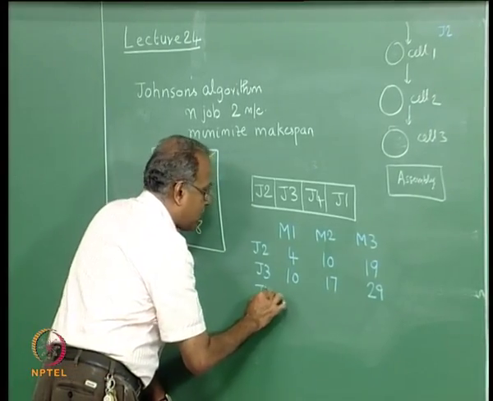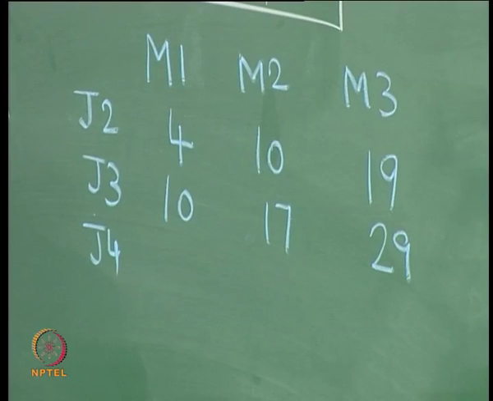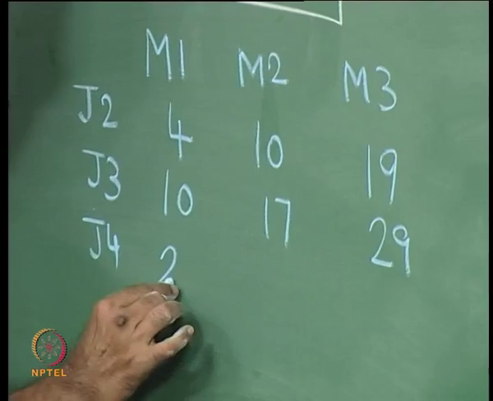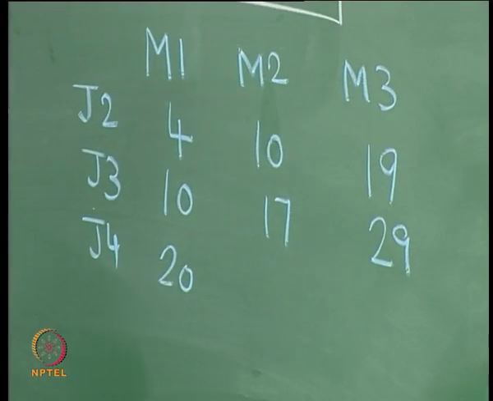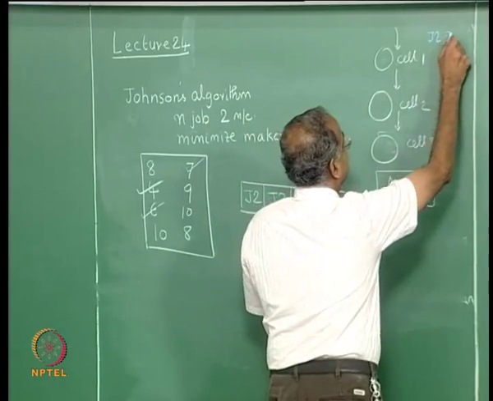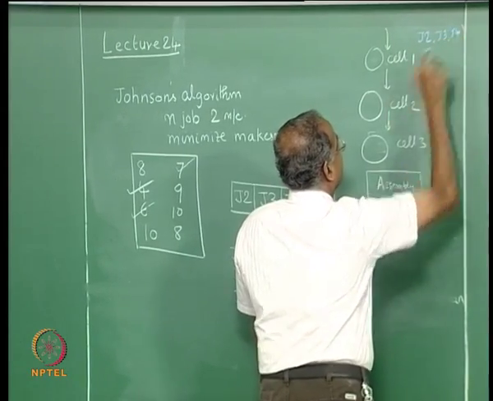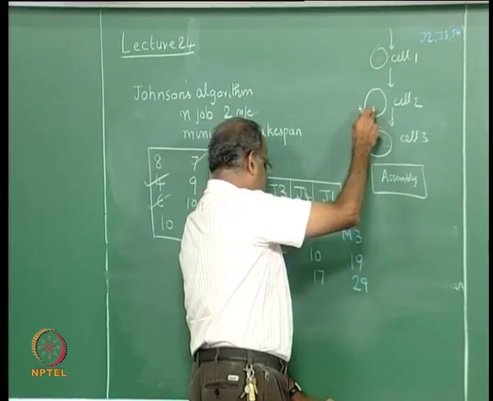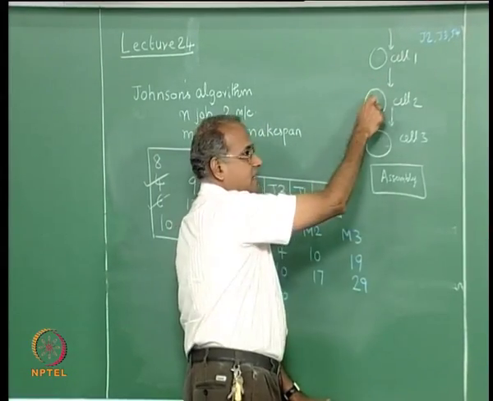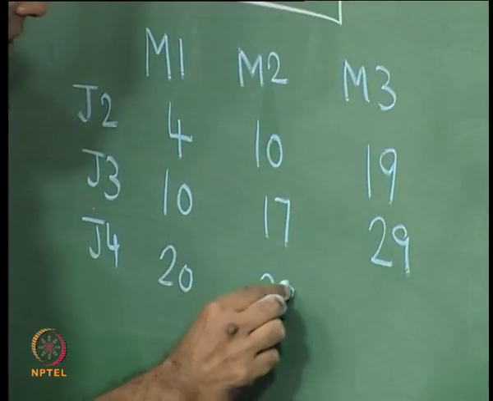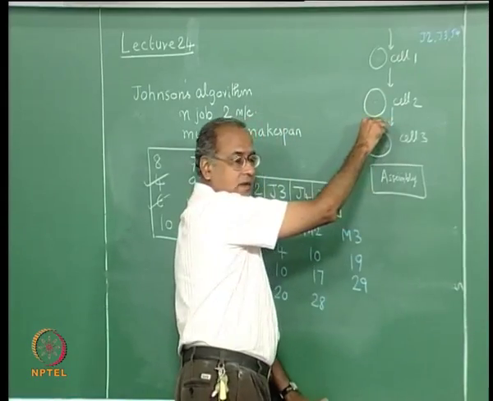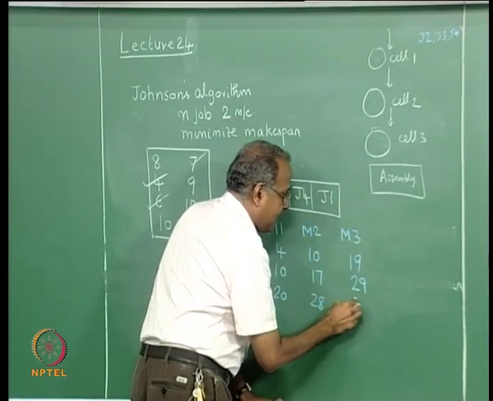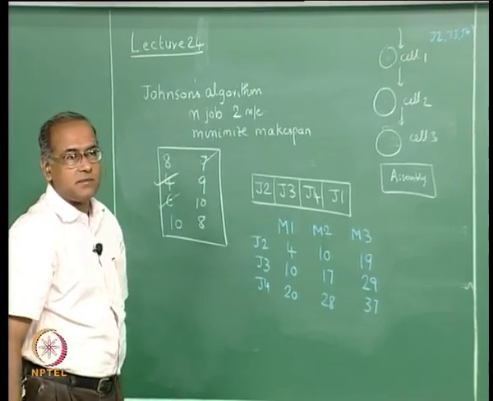Next one is J4, which can enter at 10. J4 requires a processing time of 10, 10 plus 10, 20. J4 comes out at 20 here, this is free at 17, so it enters at 20, 20 plus 8, 28 it comes out, but this is free only at 29, so at 29 it takes another 8, finishes at 37.